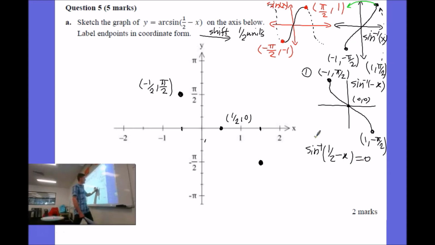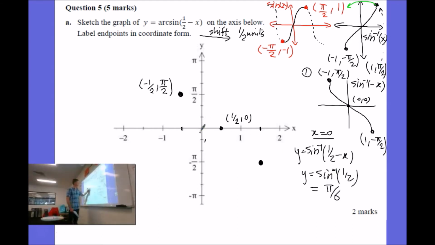When y is 0, that's the x-axis intercept, not what we want. The y-intercept is when x is 0, so that's simply inverse sine of a half, which is pi on 6. Pi on 6 divides the pi on 2, the 90 degrees, into thirds, so here. We can label that pi on 6.